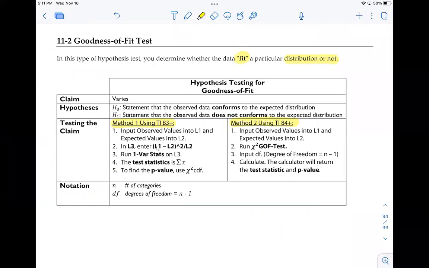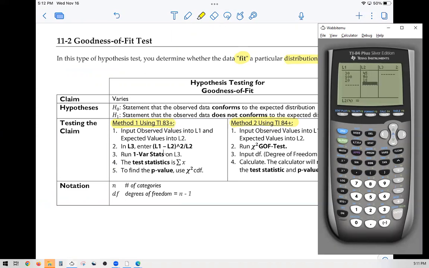So with the first method, again, this method you're required to use if you have the TI-83 Plus, you would do the following. We already inputted the observed values in list 1 and the expected values in list 2. In L3, we're going to define L3. So go up to L3 and then press enter.